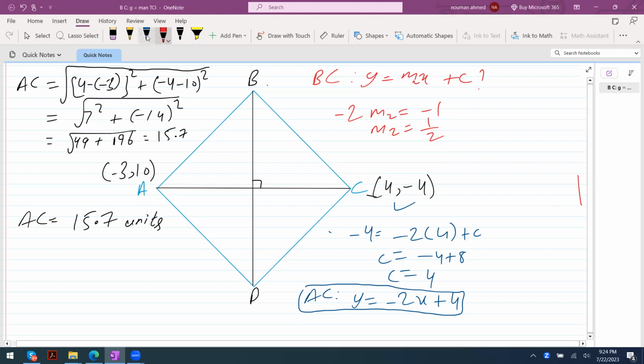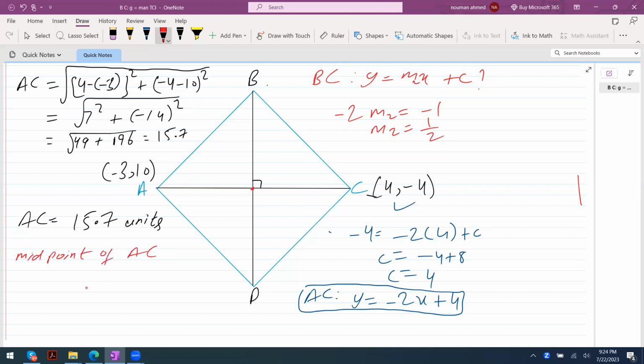How about this? This is the midpoint. This point is the midpoint of AC and BD. So we can find the midpoint of AC, and that is also a point of line BD.